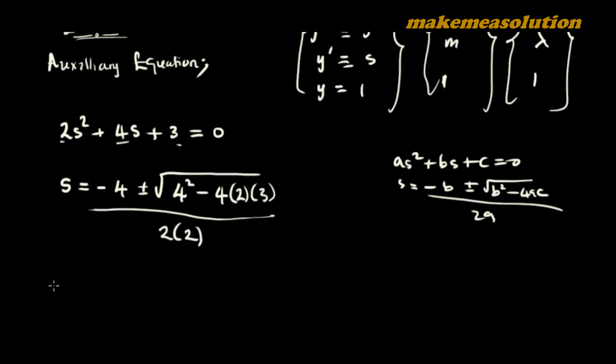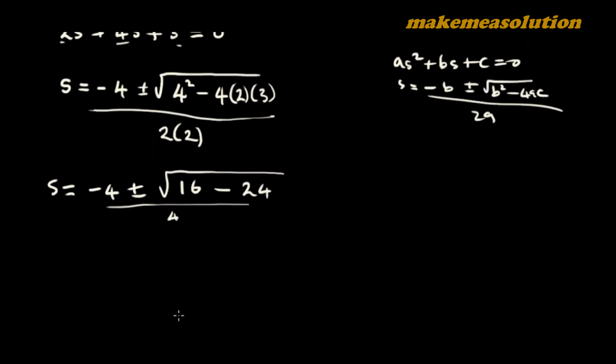Is that okay? So when we solve, we'll have s is equal to minus 4 plus or minus the square root of 16 minus 24 over 4. So s is equal to minus 4 plus or minus the square root of negative 8 all over 4.